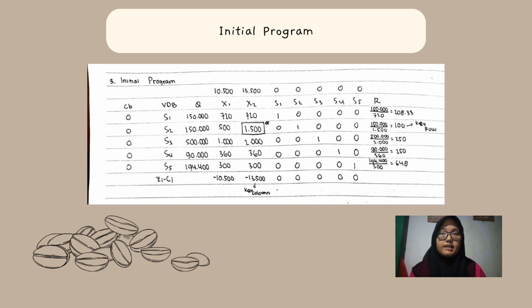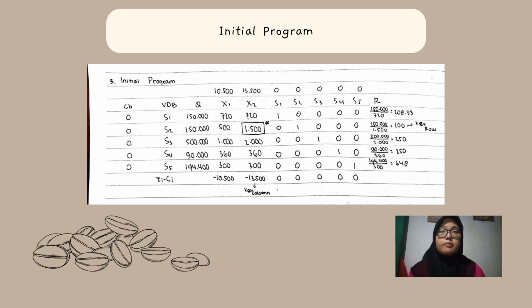Then, we fill in the VDB column. VDB is variabel dalam basis in Bahasa. In the initial program, the VDB is the slack variable. Then, we fill the CB column with the coefficient of variables in the basis, which are all 0.